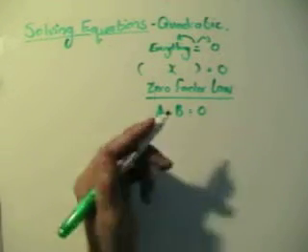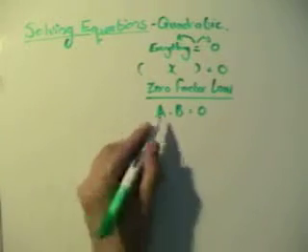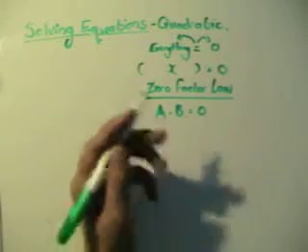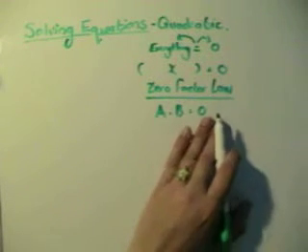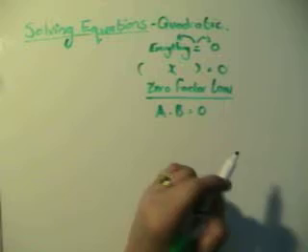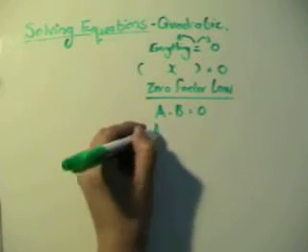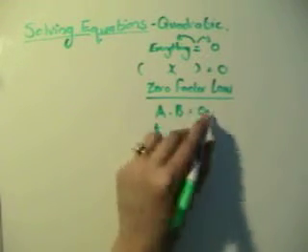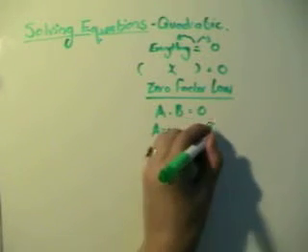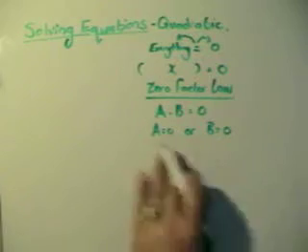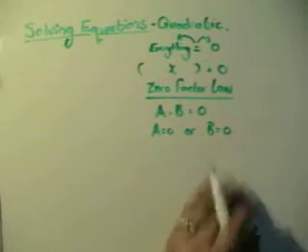If I have, say for instance, 3 times something, that something must be 0 to be able to have a 0 answer. So if I have a product equal to 0, that means a must be 0 or b must be 0 or both must be 0, but at least one of them is 0.